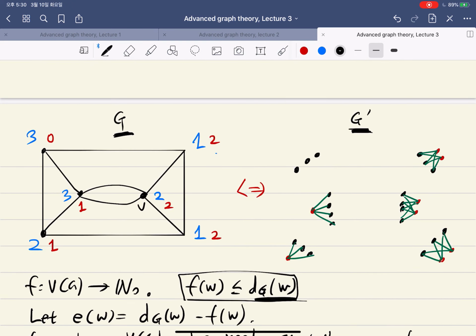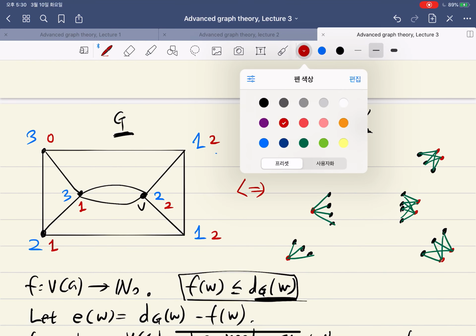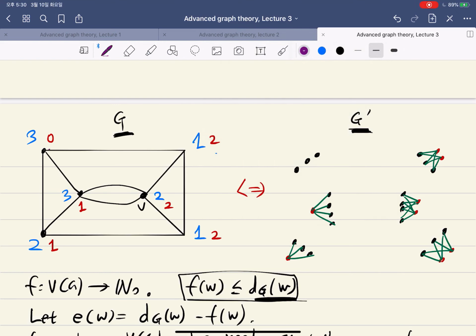So what it means is, for this one, uw, you take one and you take one and add one edge.